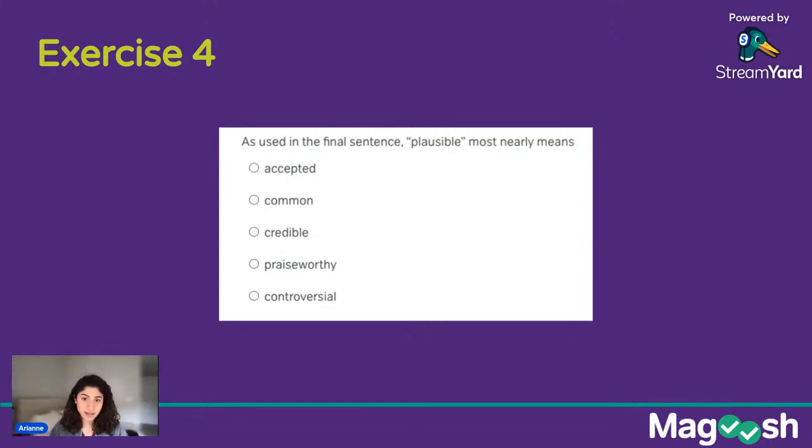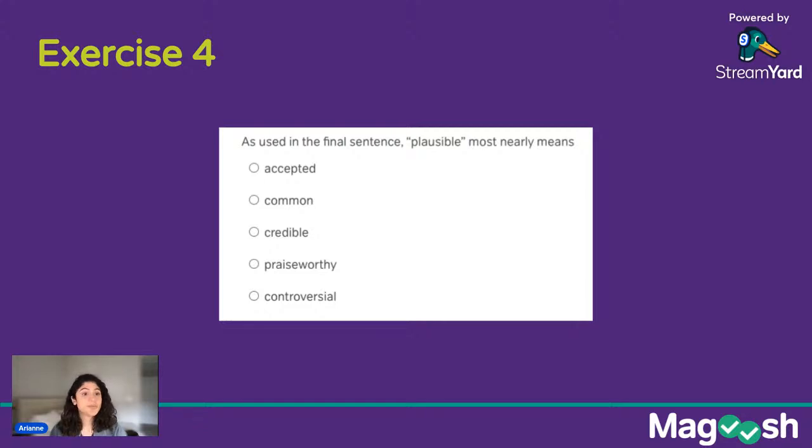So accepted is not the correct answer here. B, common. Again, we're not looking here for common. If anything, we're looking for an uncommon theory or point of view, but something that maybe people haven't thought about before, but that could pretty much explain this phenomenon.